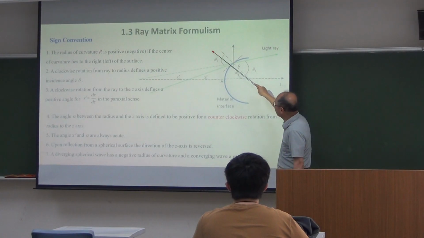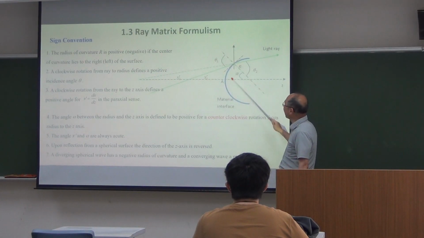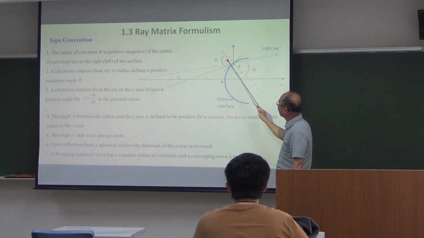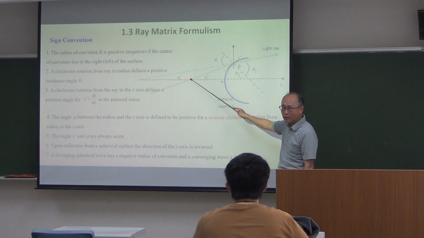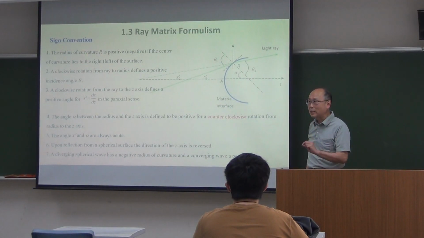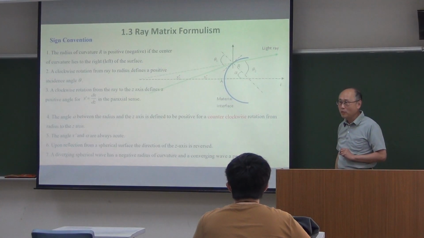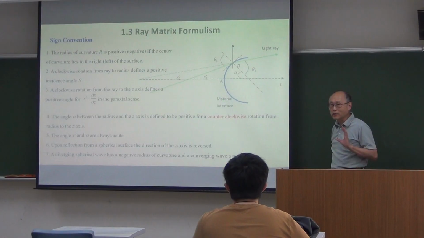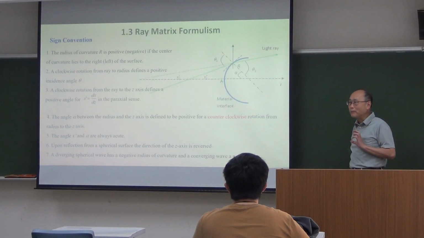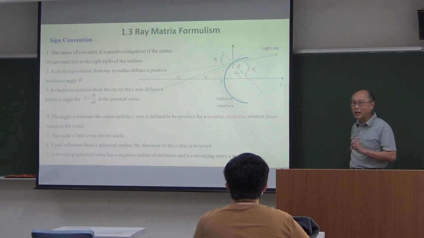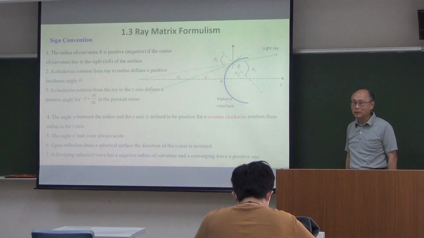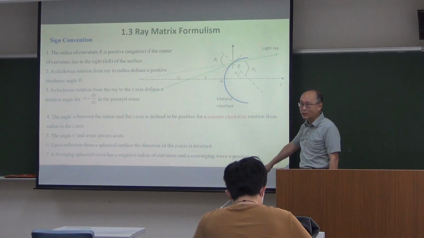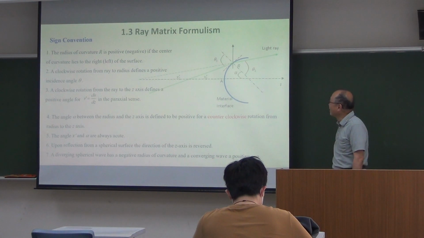But if the center of the radial curvature is on the left, opposite to this one, then it's a negative number. So this is a general rule when you deal with ray optics, so that you understand the meaning of the parameters coming out of your analysis. This is the sign convention that you have to understand.